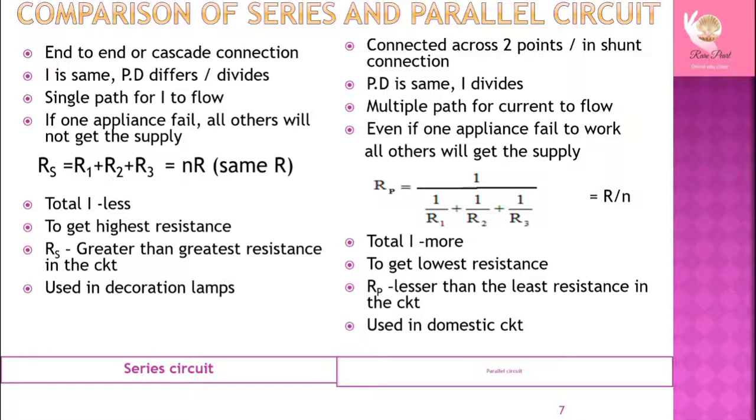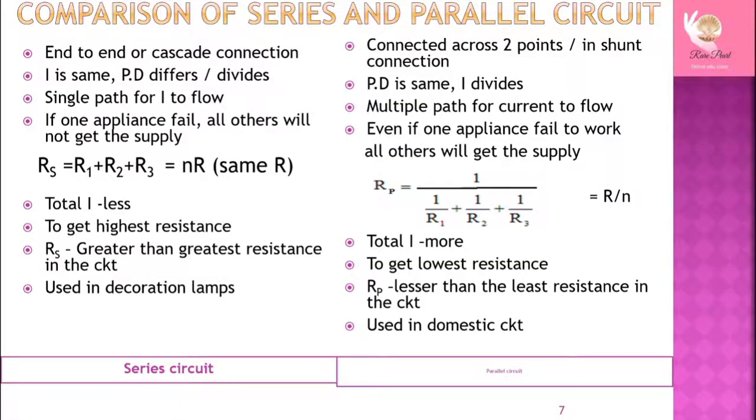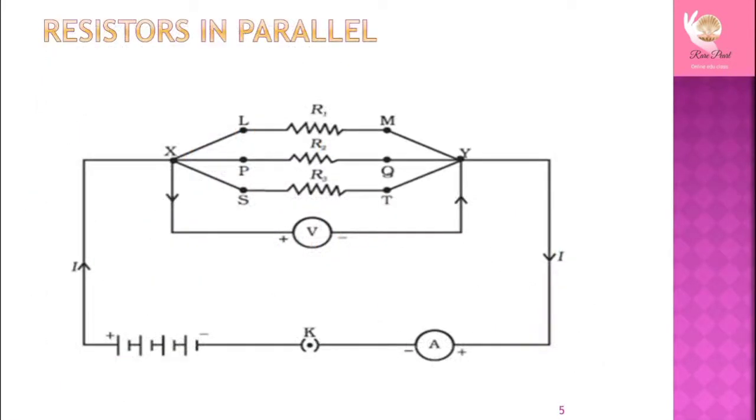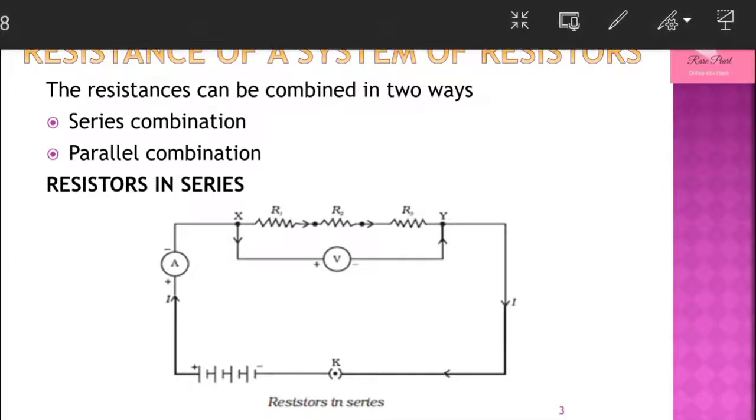When we go for parallel circuit, it is connected across the 2 points. So it is called shunt connection. In series connection, current is same, isn't it? See here. I'll show you the circuit, then you can easily tell. Here in this circuit, current is same. Okay, voltage is dividing in series circuit.